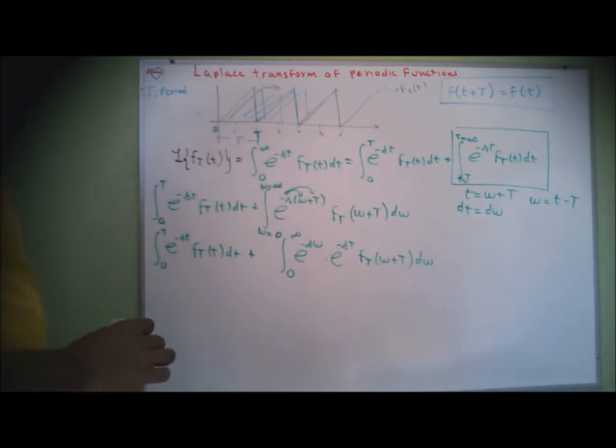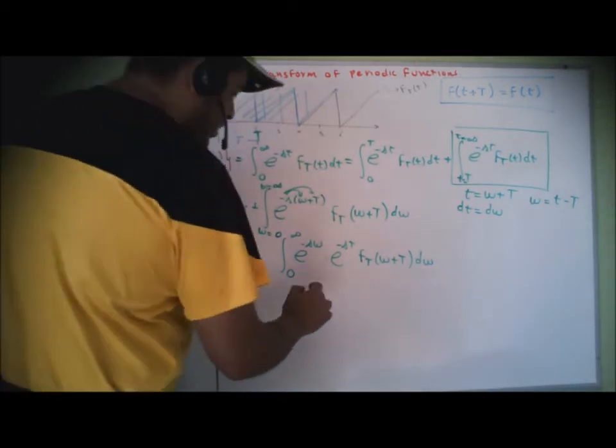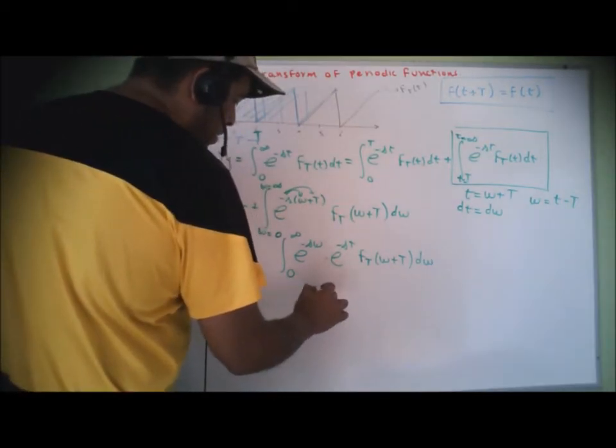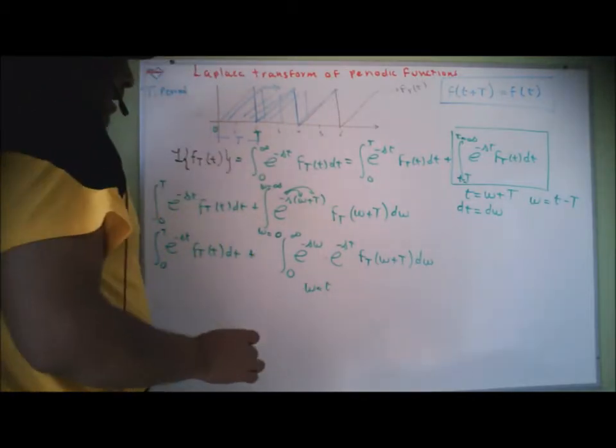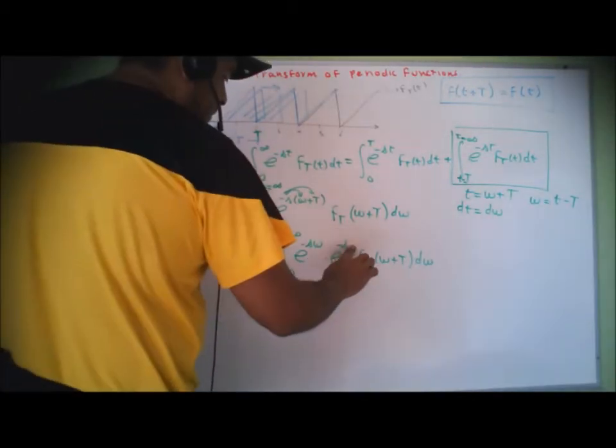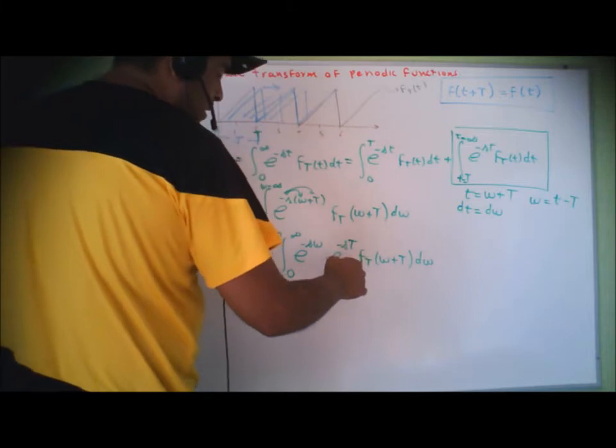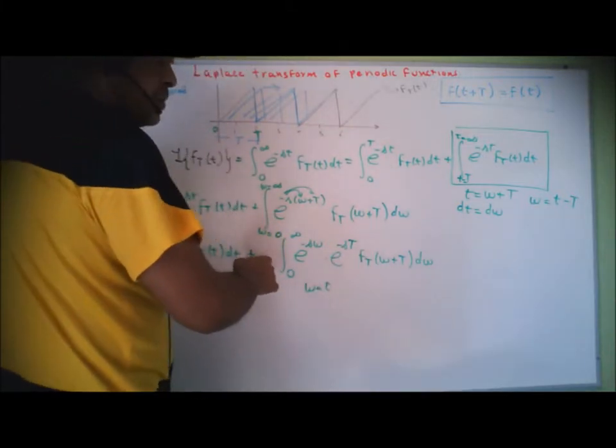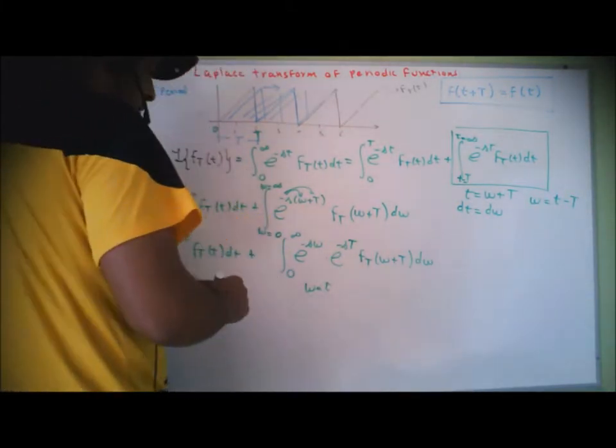I'm going to make a variable change here: I'm going to change w to t. And now, this is a constant, capital T, so we can take this exponential outside.